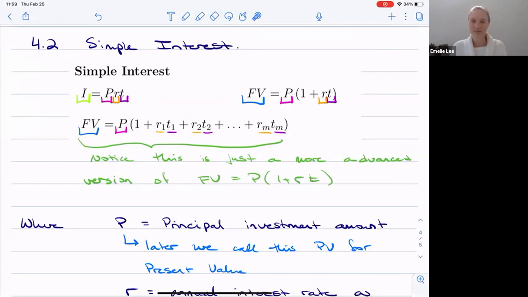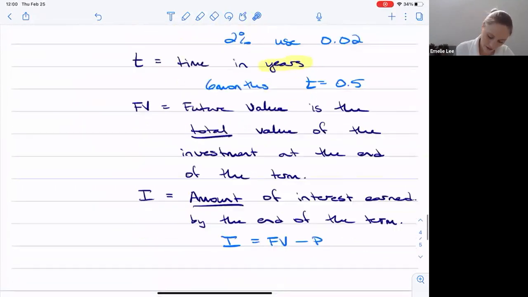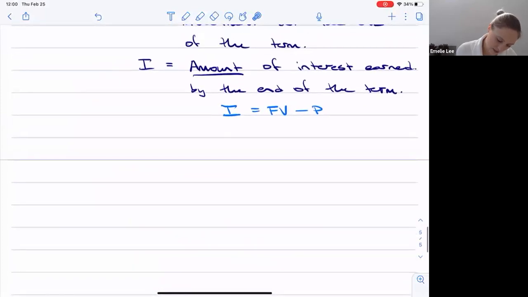So it's a good starting point, but more realistically, if you go to the bank, you'll be dealing with compound interest. I'll just make a note of that here.